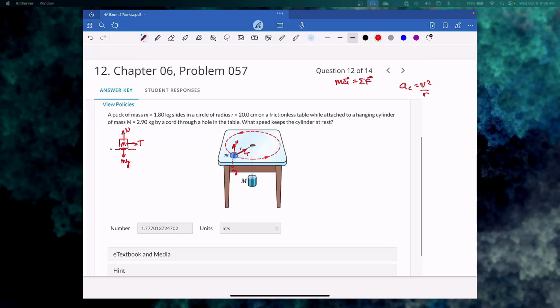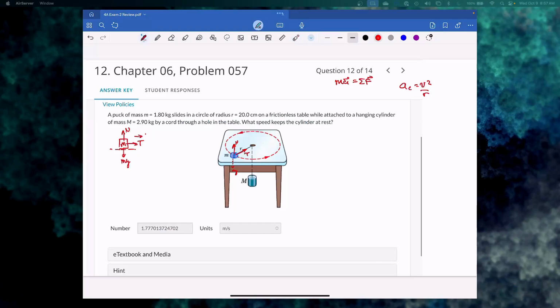But do the normal force and the gravity alter this circle at all? No, they're pointing in a direction that has nothing to do with this circle, right? So whereas I could draw the y direction for this one, I'm not going to. I'm just going to worry about the x direction. This x direction right here is the only one that's causing the circular motion.